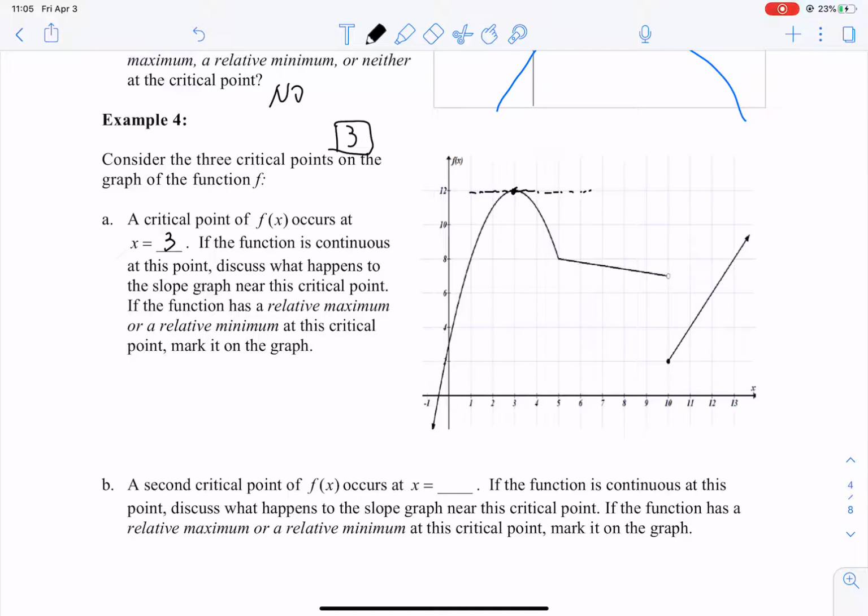And then, if the function is continuous at this point, let's check this derivative graph. The derivative graph when x is less than 3, that means on the left branch, the derivative, the slope graph, is positive because the function is increasing. And similarly, when x is greater than 3, the slope is negative.